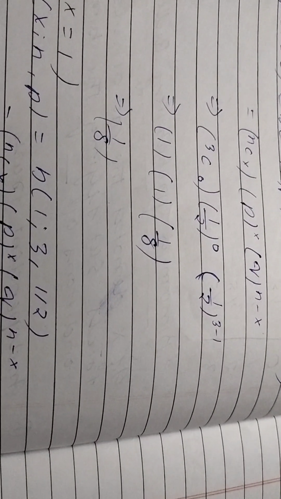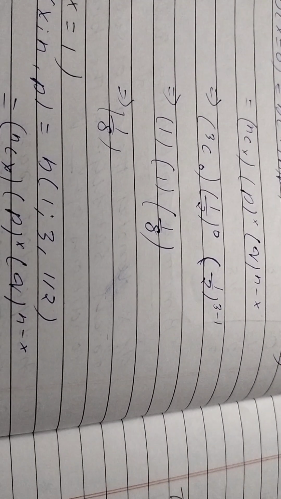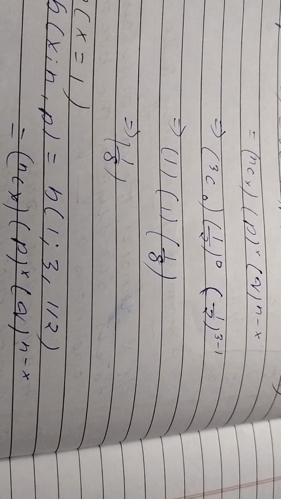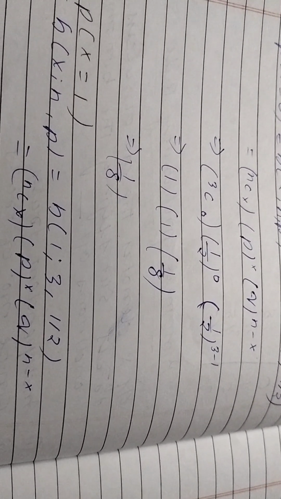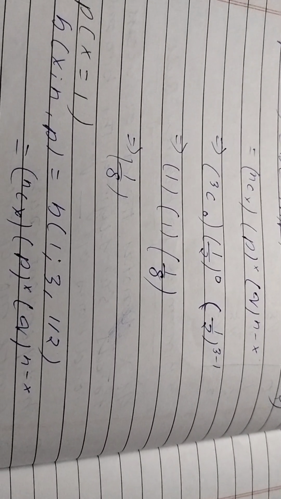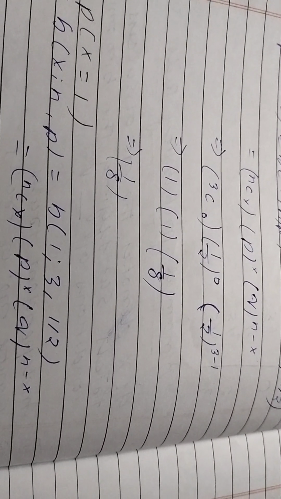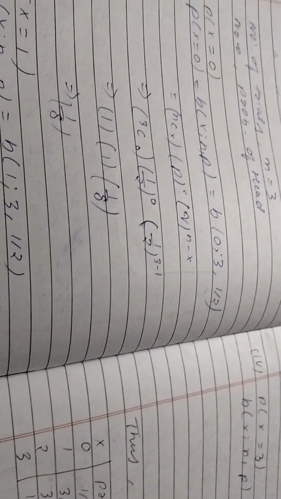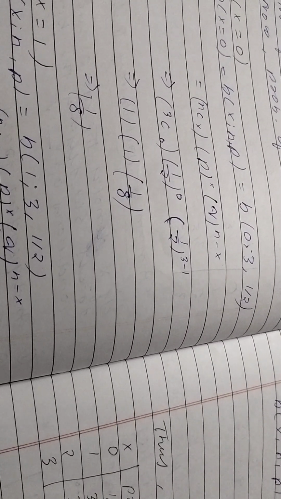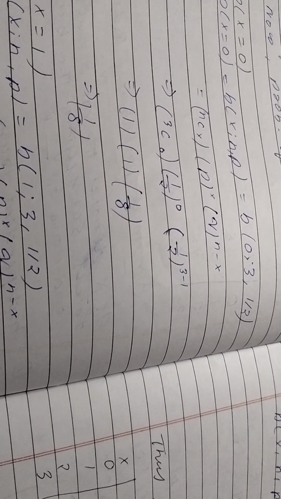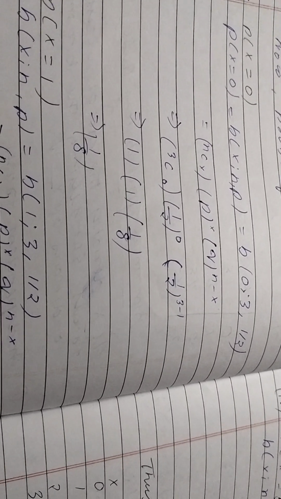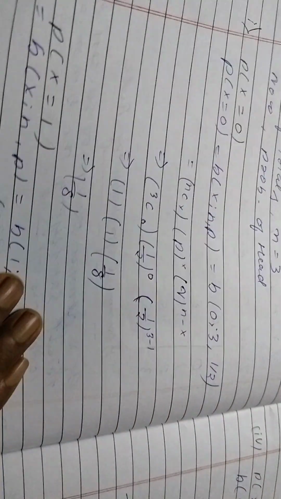I have done one mistake, like 1 by 8 is there. If it is subtracted from 3, then it must be 2. And if we multiplied it, then 1 by 4 would be the answer. Then how did we write 1? Is there anything that I have done wrong?